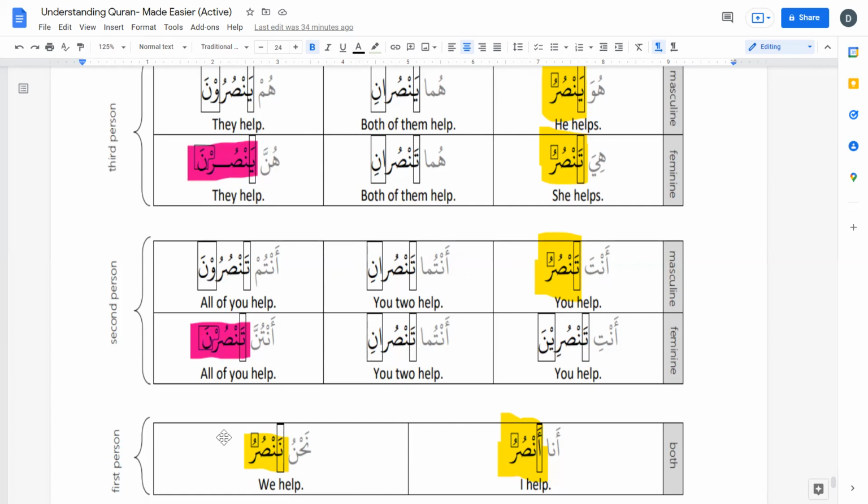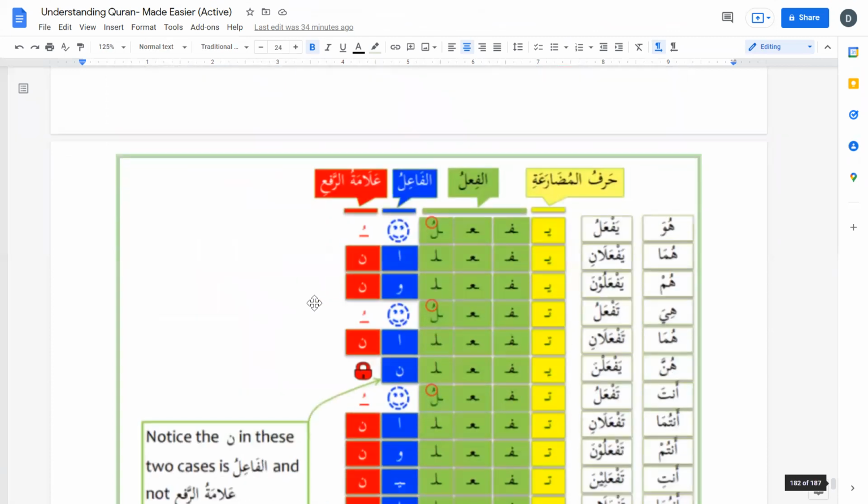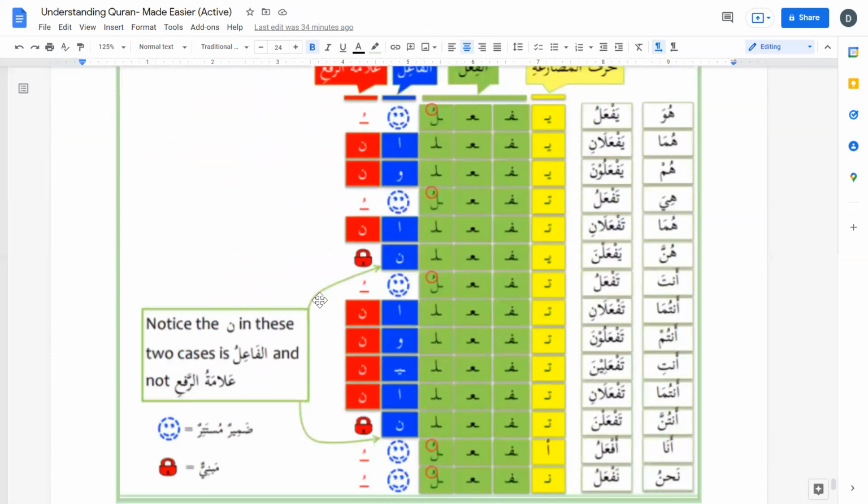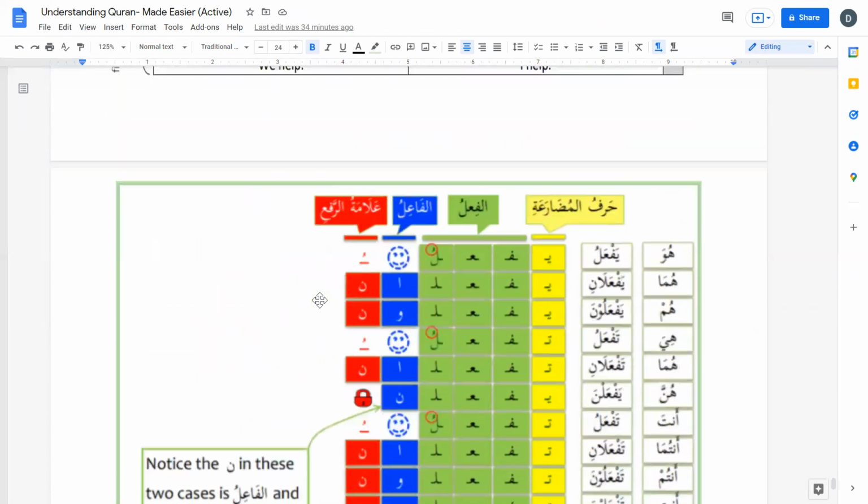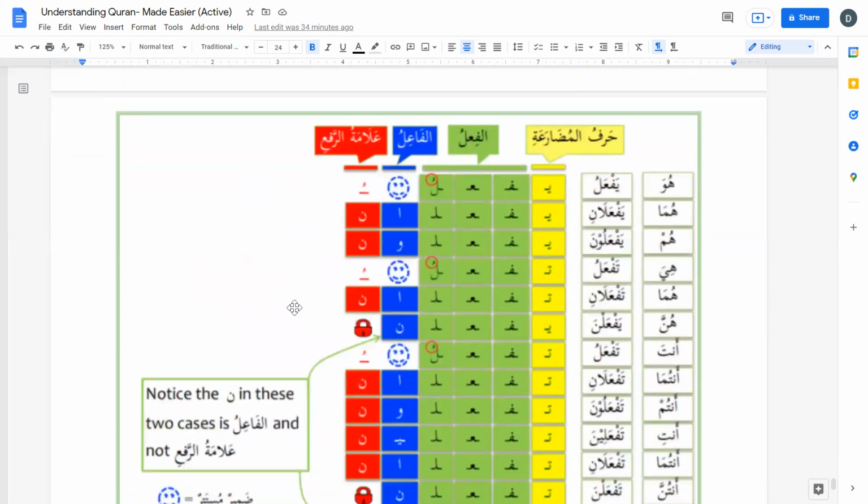So this is the Nasara chart, and inshallah, just memorize it, and it will help you a lot in the study of sarf, and nahv also, especially sarf.